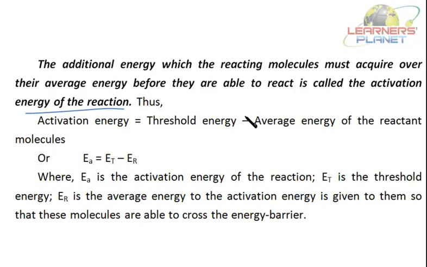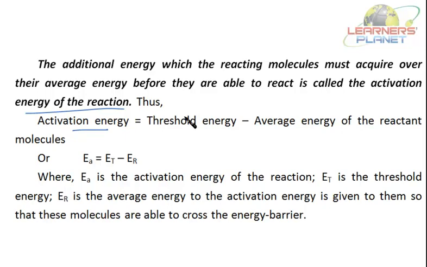That is, the molecules are possessing some energy, they are not combining to form the products, they need energy, or their energy should be equal to this minimum energy, that is the threshold energy, which is required for the breaking of bonds between the reactants, right? So some energy must be supplied from outside. So that particular energy which is supplied is called the activation energy.